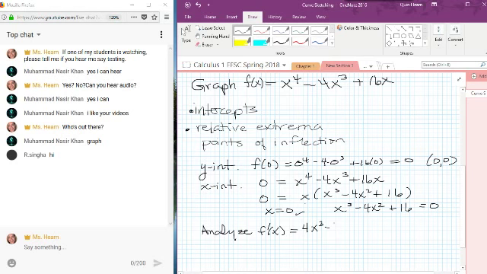And then, ooh, this is not such a great problem for me to be working right now. Plus 16. I really wanted one that would work out nicer. What can I do? Let's see. Hold on a second.